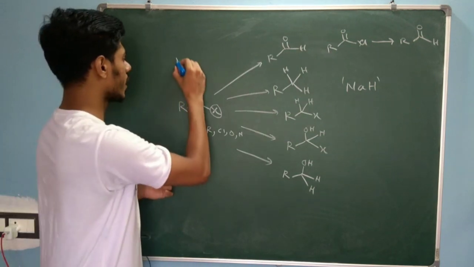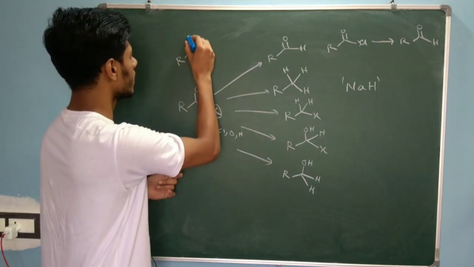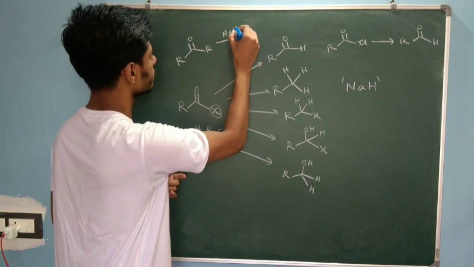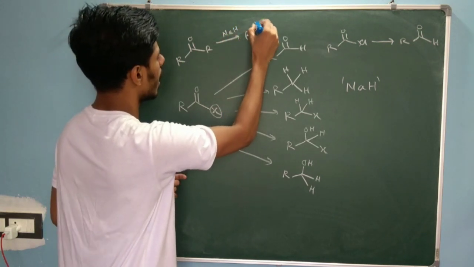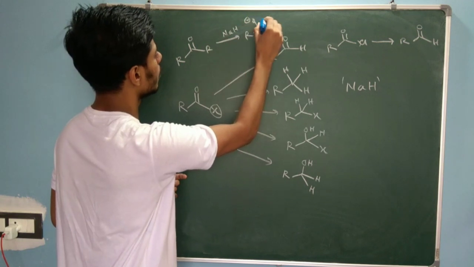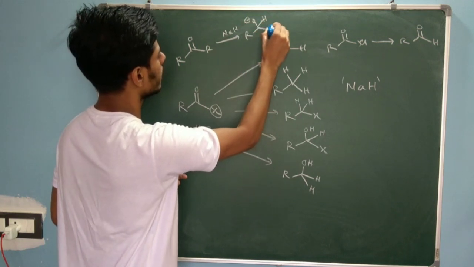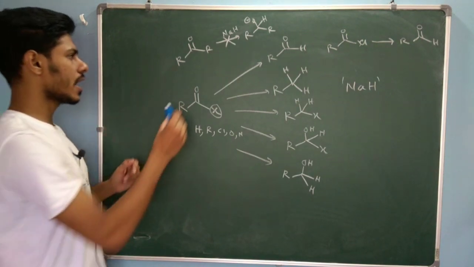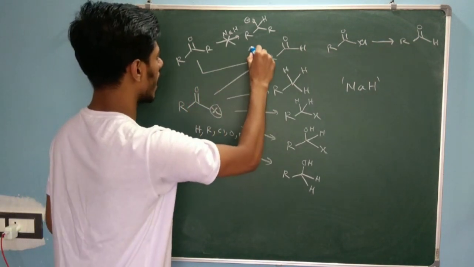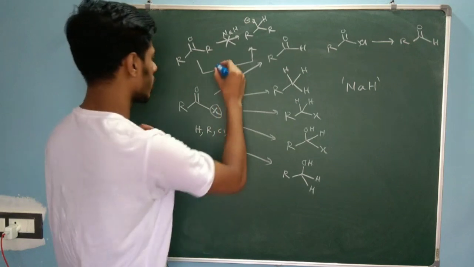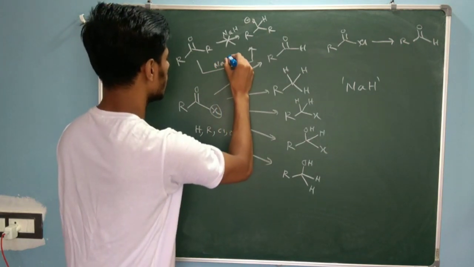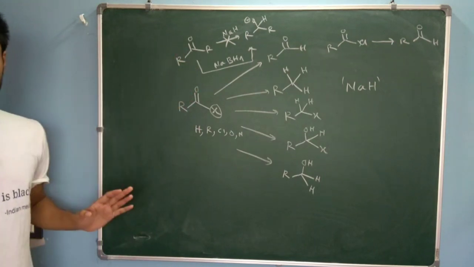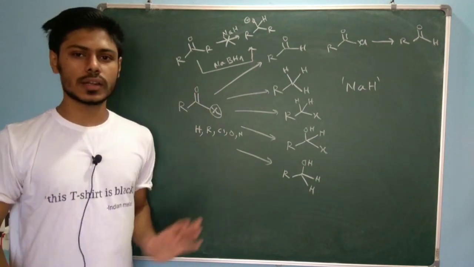But when you do the reaction, for example, you have a ketone, and if you add NaH, and you expect that hydride will be added over here, but this reaction doesn't occur, right?